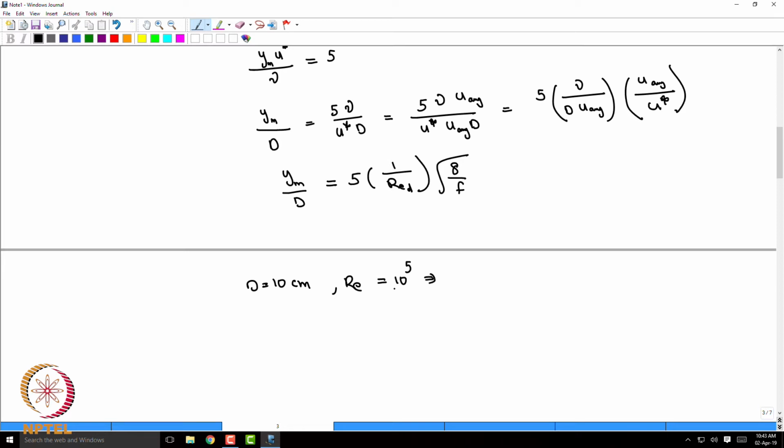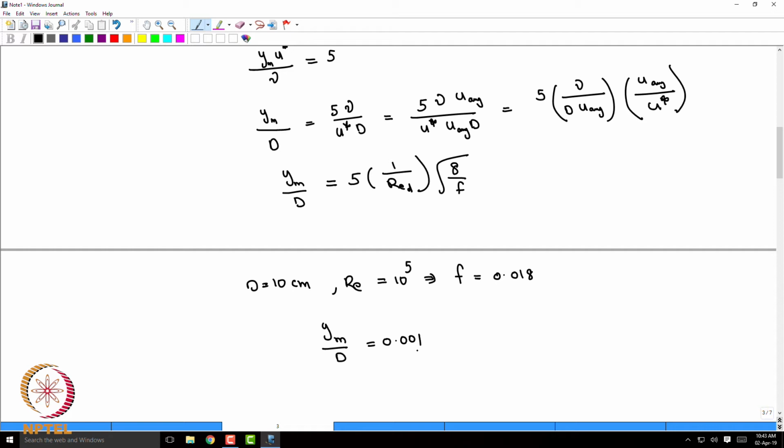Okay, so Reynolds number of 10 raised to 5 can give you a friction factor 0.018, and therefore you must be able to substitute and calculate what is Ym. Okay, so Ym by d comes out to be 0.001.